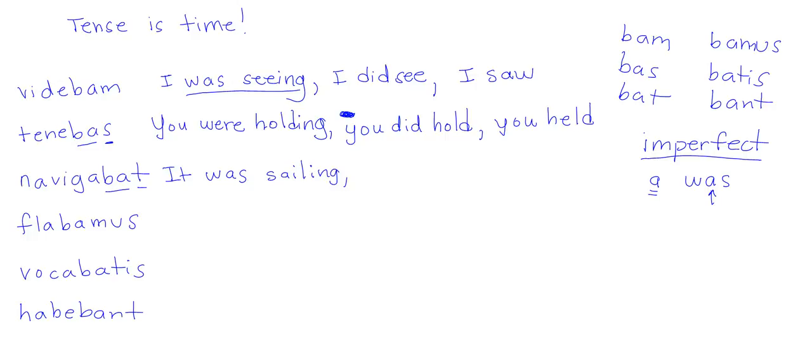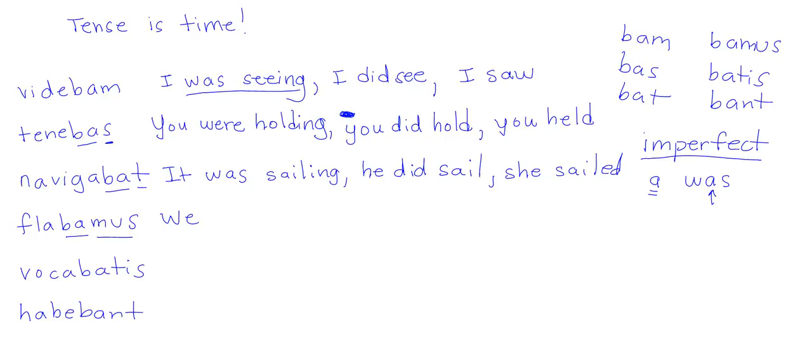Now let's try using he. You could use anyone you want. He, she, or it. He did sail. Or our final one, you guessed it, she sailed. All right, flabamus. Mus is we.